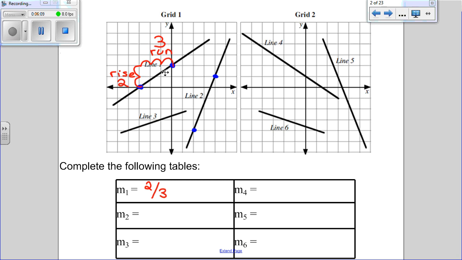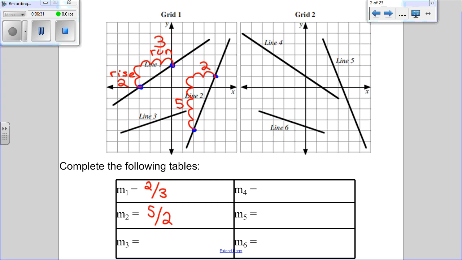So I go up. 1, 2, 3, 4, 5. Up 5. And then I go over 1, 2. That means my rise over run would be 5 divided by 2. Rise divided by run.